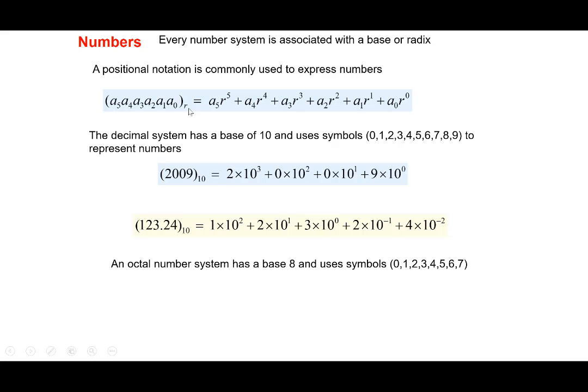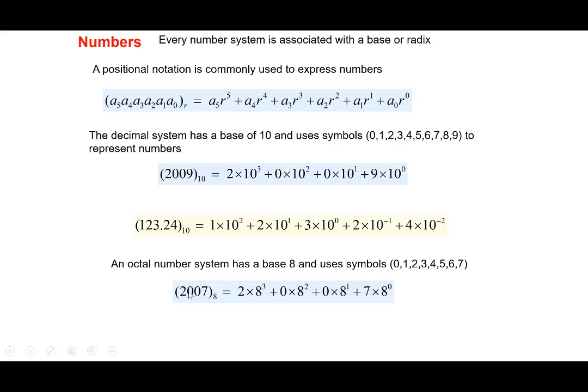Now, we could take the base or the radix R as 8. So that would become an octal number system, and that would use the symbols 0 to 7. For example, if there is a number 2007 to the base 8, the value of that particular number would be: for 7, the weight is 8 to the power 0.